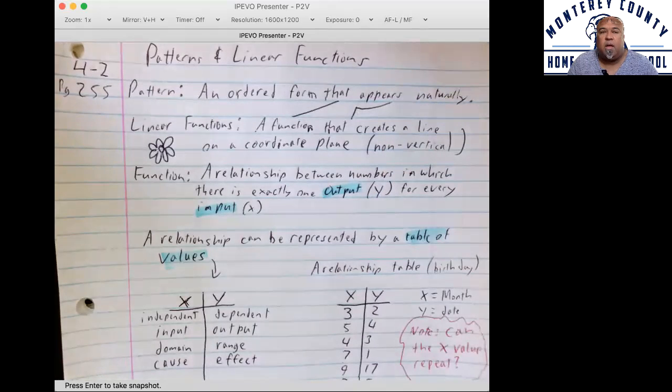I know for myself, I had gotten measured for my cap and gown for my high school graduation when I was 18 years old, and it said that I was 5 foot 11 inches tall. When I was 21 or 22, I had to get measured again.